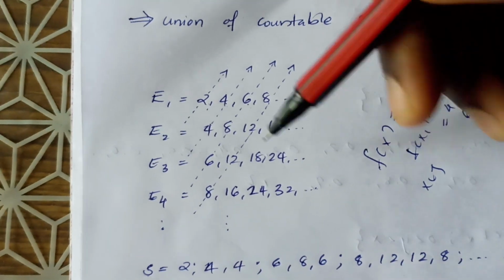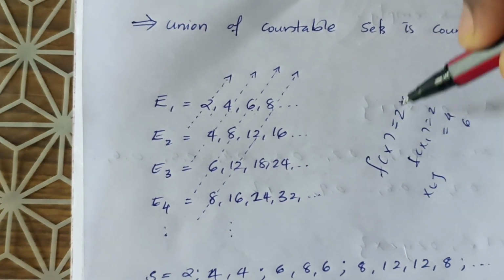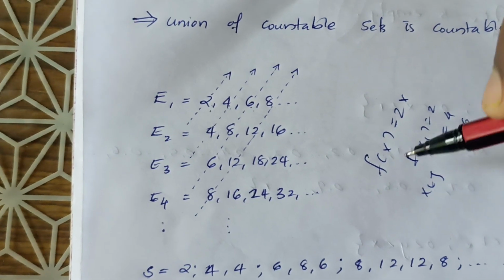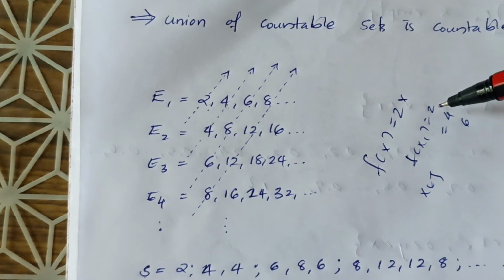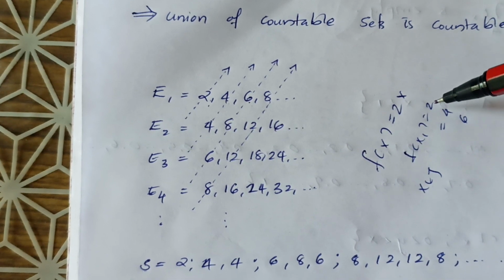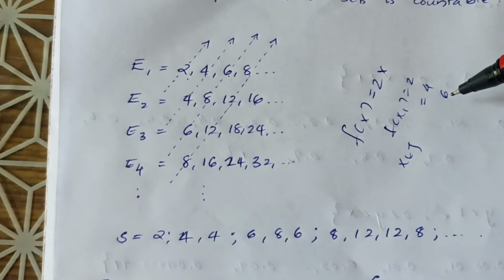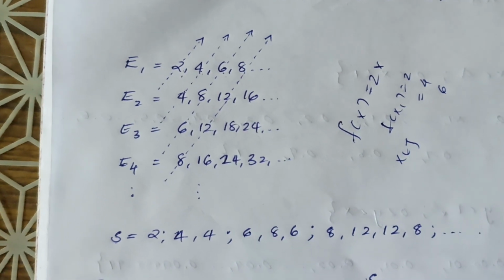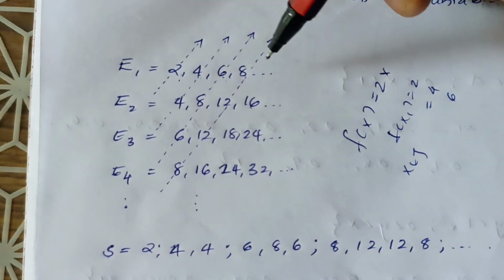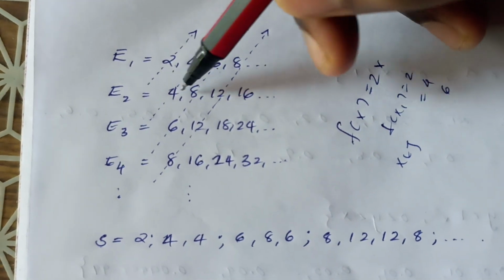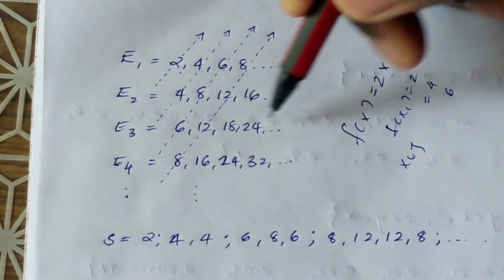In a similar way, if we define f of x equal to 2x, where x belongs to J, the set of all positive integers, what is f of x1? f of x1 becomes 2 into 1, which is 2. And what is f of x2? 4. What is f of x3? 6. So 2, 4, 6, 8 and so on. It becomes our set E1. So our set E1 is countable. Okay. And what about 4, 8, 12, 16, our set E2?